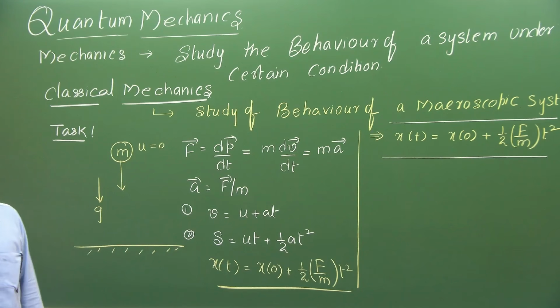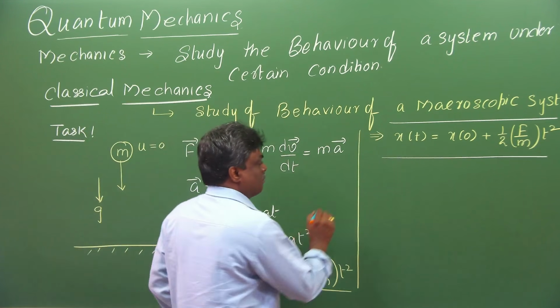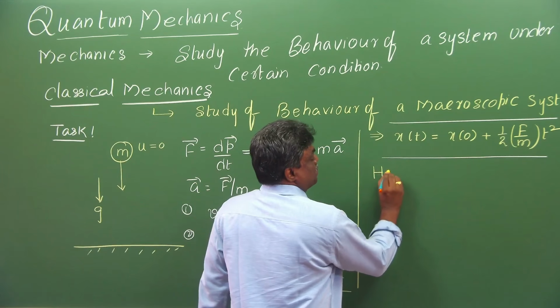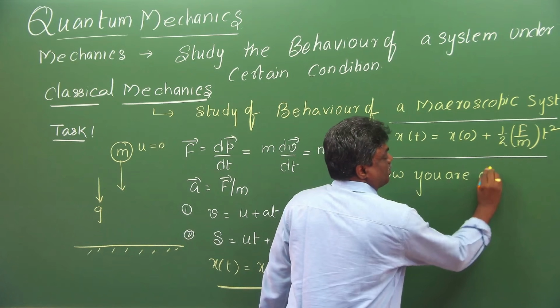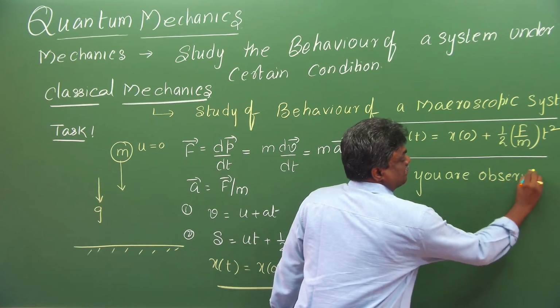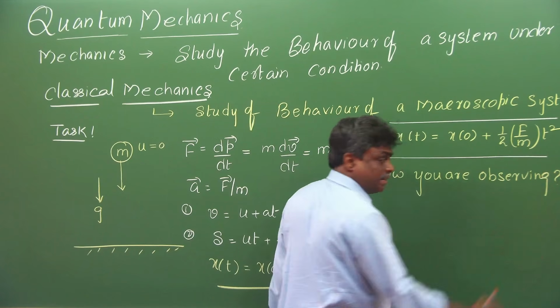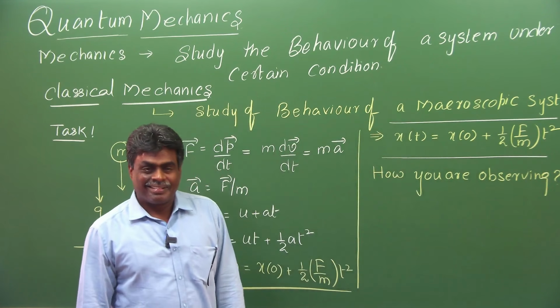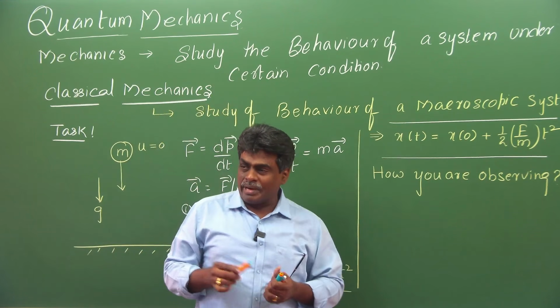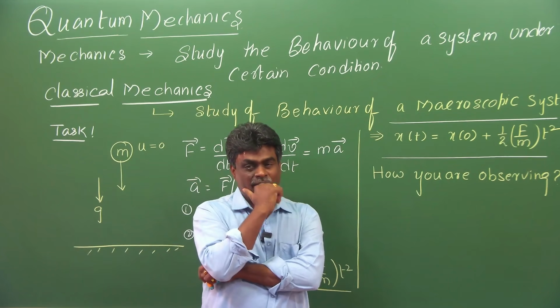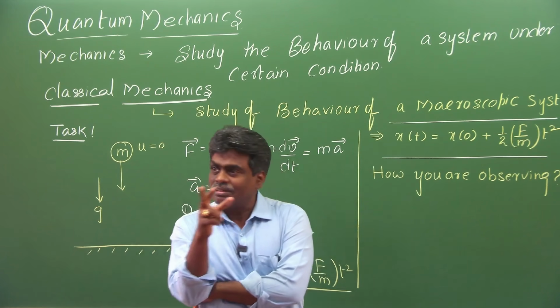Here is a problem. What problem? How you are observing. You didn't understand the question, I think. Now let us suppose the same experiment I am conducting and you are studying the motion of the body. Let us say it's a night time.